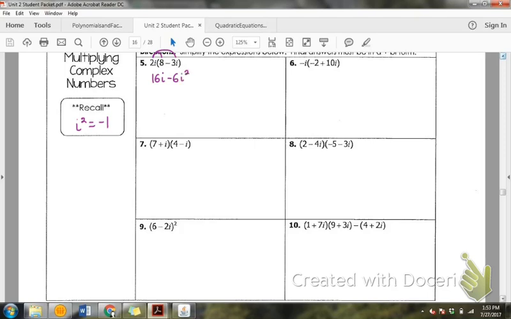Now, we can't leave this as is. Can we combine these? Are these like terms? No. Why are they not like terms? Good, because one is squared. But we can deal with this i squared. i squared becomes what? Negative 1. So then I really am multiplying negative 6 times negative 1, which means that becomes a positive 6.